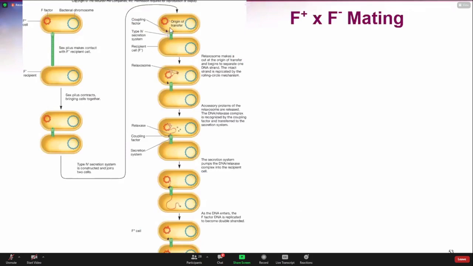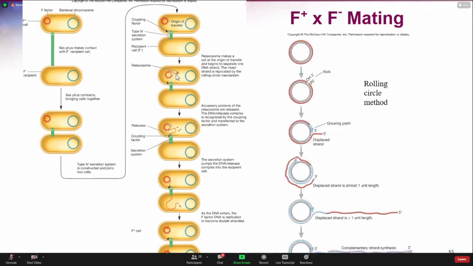In any event, it's going to make a cut in one of the two strands of the F factor, and it's going to begin to unravel the DNA so that you have one strand that peels away from the intact circular strand. And so that's the job of the relaxosome. Make a cut or a nick in the backbone of one of the DNA strands, and then begin to replace that strand.